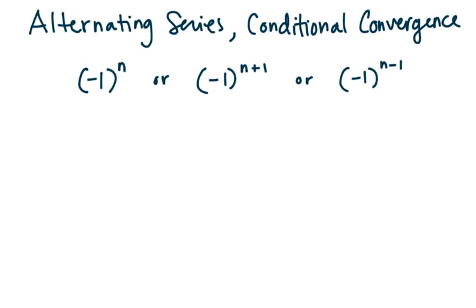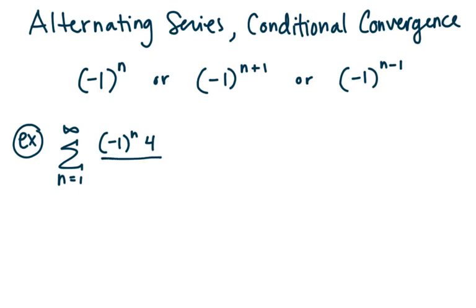So let's look at a couple of basic series. So this first, here's an example of an alternating series. We've got the sum from n equals 1 to infinity of -1 to the n times 4 over 2 to the n.